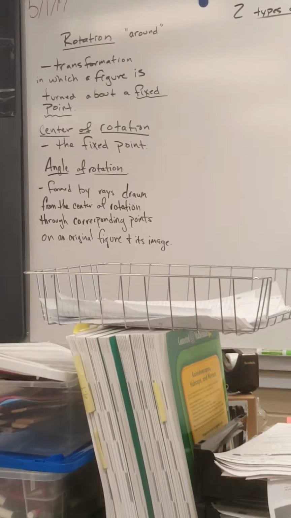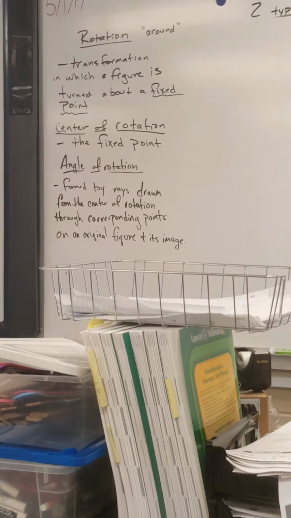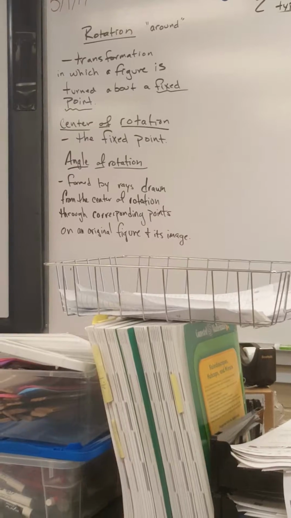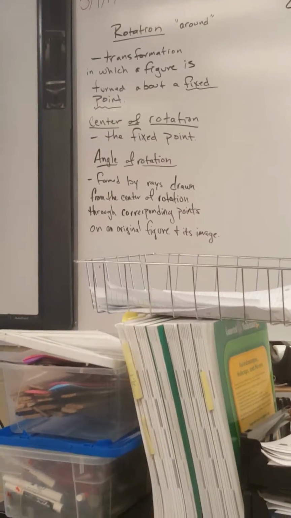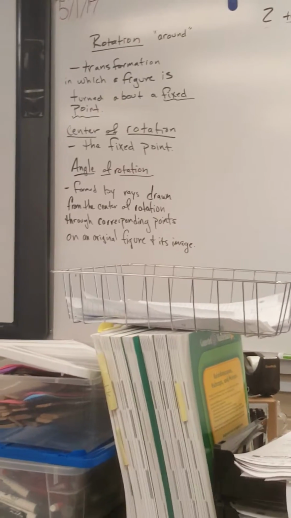What's the definition of reflection? A transformation where the figure is reflected. What's another word for reflective? Flip. You're going to think about flipping it. Also keep in mind it's going to look like a mirror in a way.